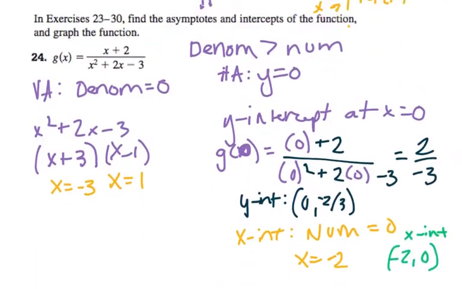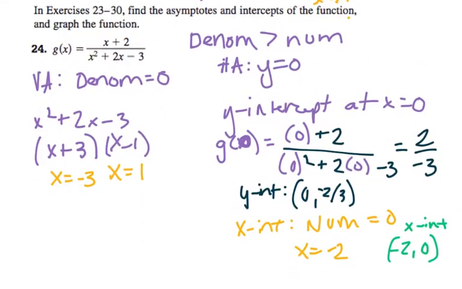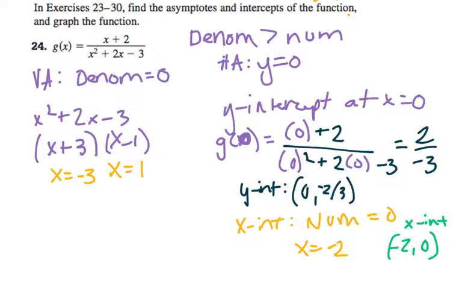And so now I'm going to sketch a graph of each of these. So let's see, the first thing I have is a set of axes. I know that my vertical asymptotes are at x equals negative 3 and x equals 1. And then my horizontal asymptote is at negative 2/3, so a little bit below the axis.